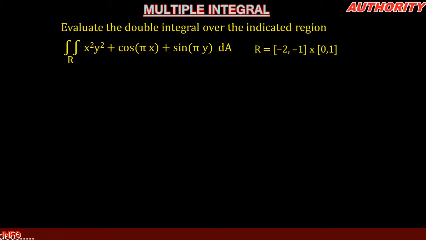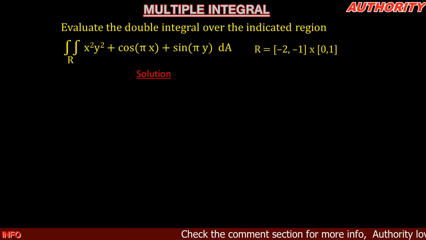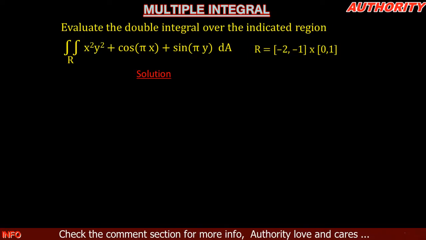Now let's put it in a proper way. Here we have the region [-2, -1] and [0, 1]. So we'll take -2 to -1 to be the x region and 0 to 1 to be the y region.